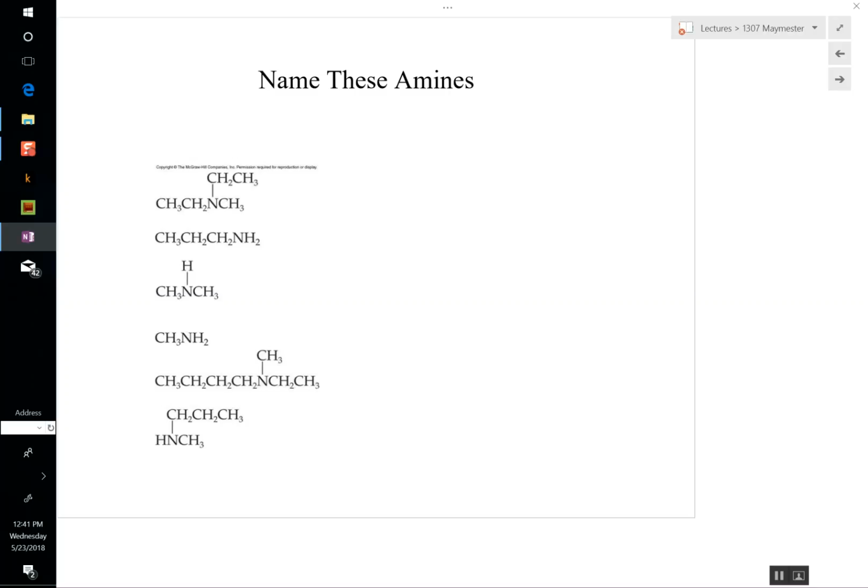This is N-ethyl, N-methyl, 1-butanamine. All right, where is this methyl? Where is this ethyl? It's on the nitrogen. Professor, and that would be the IUPAC name? Yeah, this would be an IUPAC name. This is a common name.